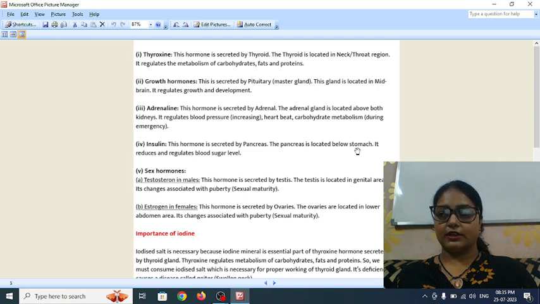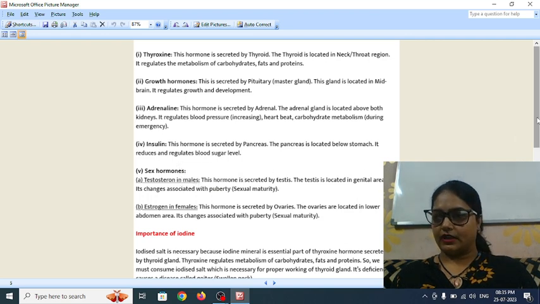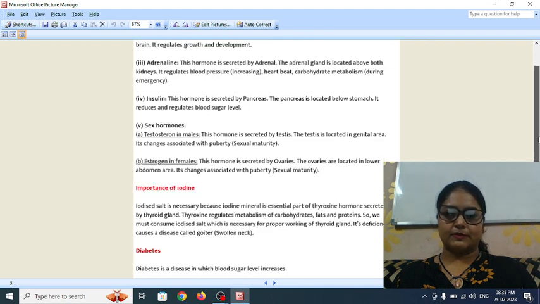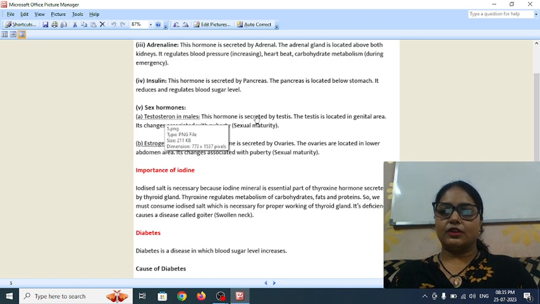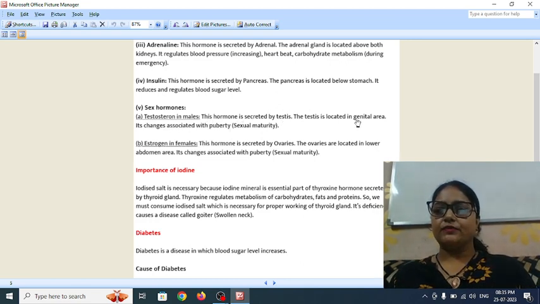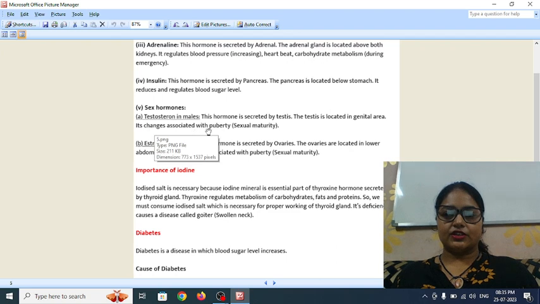The pancreas is located near the stomach. It reduces and regulates the blood sugar level. Now the sex hormones: when we become adults, the sex hormones become active. Now testosterone in the male is secreted by the testis, and the testis is located in the genital area, and it is associated with changes at puberty.